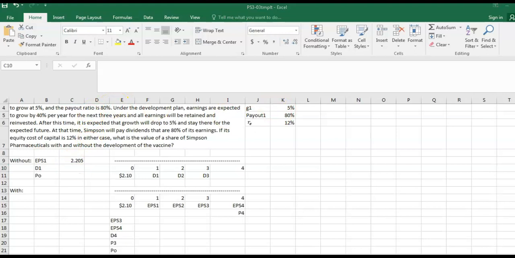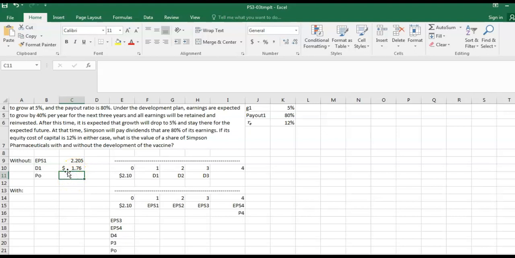However, I'm not getting paid all of that money. Right? I'm getting a dividend that is 80% of that. So D1 is equal to my earnings per share multiplied by that payout ratio. And there are my dividends per share.